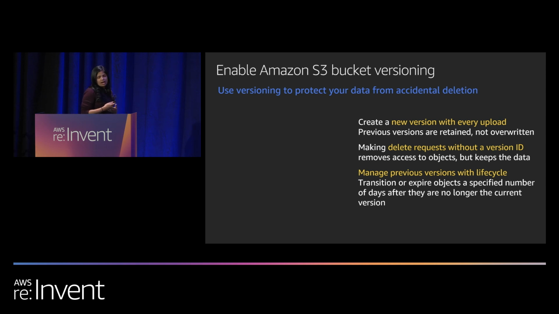Replication requires another S3 data protection component, versioning, to be enabled on your buckets. You can use versioning to archive all the previous versions of your objects to restore them in case you have accidental deletion or accidental overwrites. Let's take an example here. What happens when you're putting an object in a version-enabled bucket?